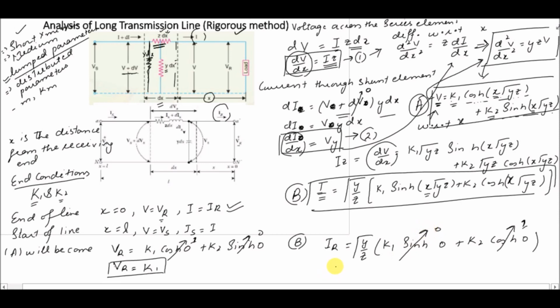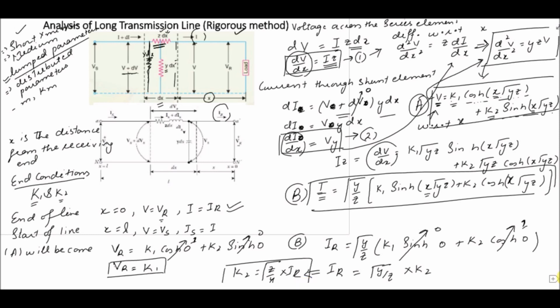So your IR value is equal to under root Y over Z into K2, or you can also say that K2 is equal to under root Z over Y into IR. So these were the values for K1 and K2.